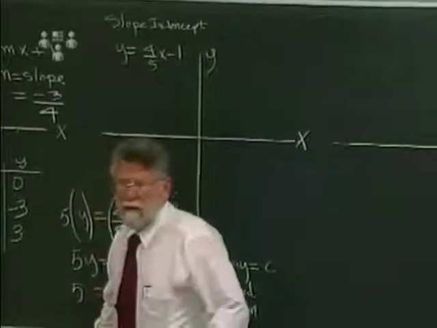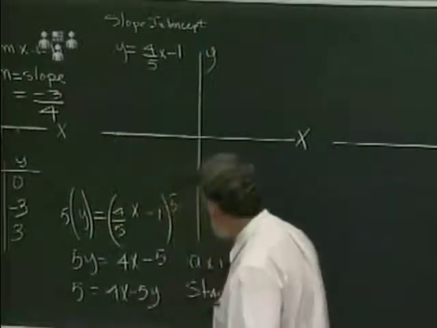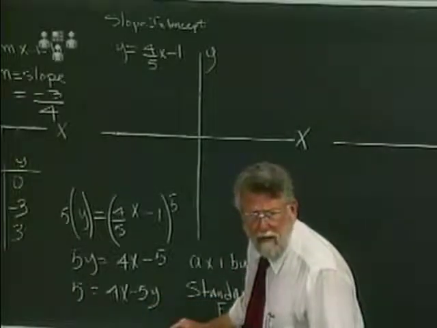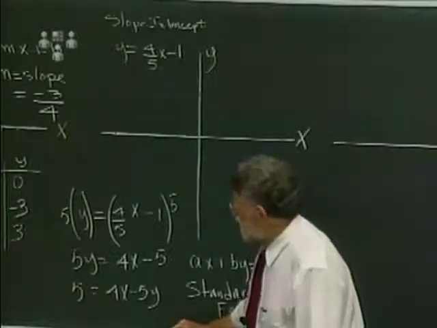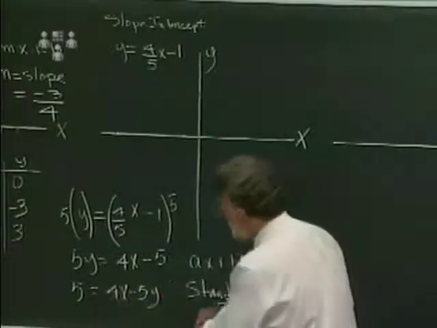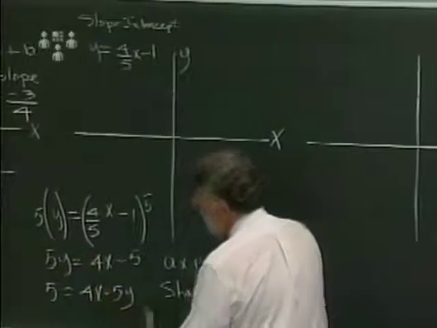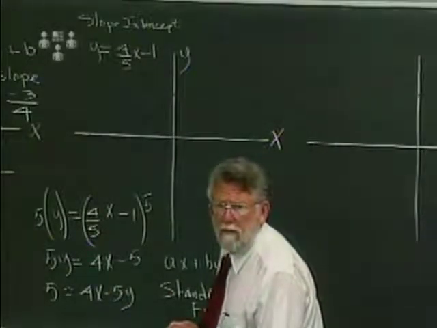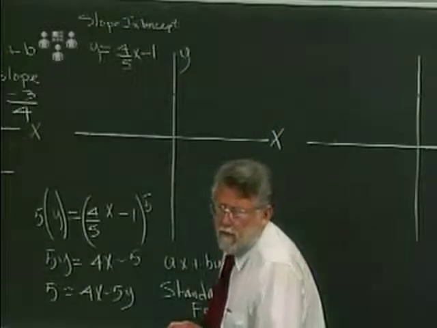Now it's interesting that when you have it as a standard form, it makes getting the intercepts, the x and y intercepts, pretty nice. I let x equal 0. So if x is equal to 0, that's out, and I have negative 5y equals 5. So y has to be negative 1. 0, negative 1.